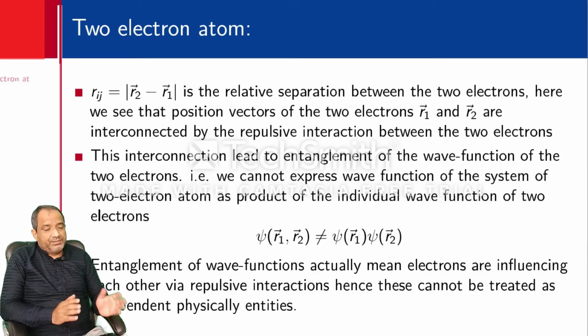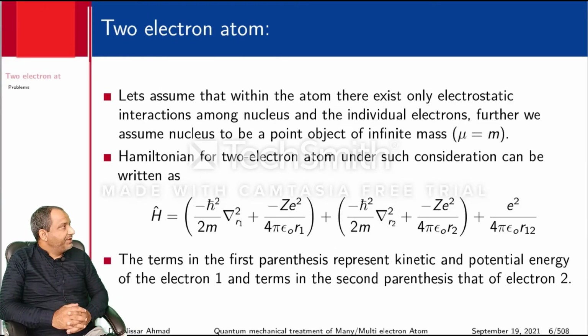If we want to apply the Schrodinger equation to a 2-electron atom, we simply have to use the kinetic and potential energy. Here we are neglecting a lot of terms of the 2-electron system. For example, we neglect the dimensions of the nucleus and the charge distribution within the nucleus.